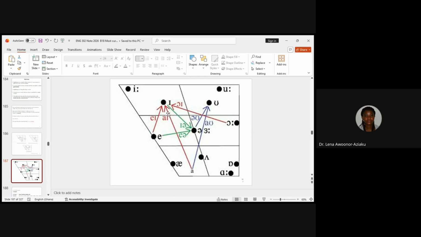So these ones are the movement if you are to describe the eight diphthongs. These are what we expect you to tell us, how the movement, the glides, are formed.